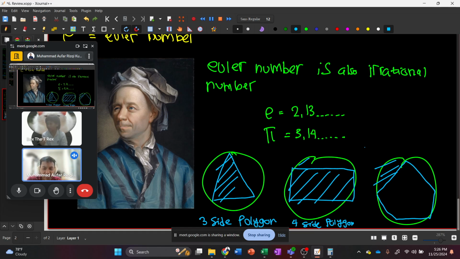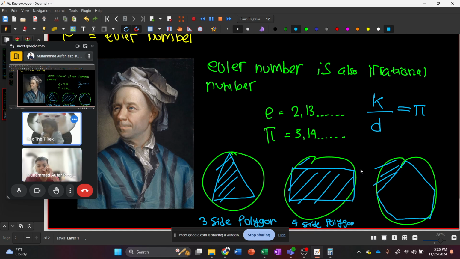of a circle. They noticed that the ratio between the circumference of a circle and the diameter of the circle is always pi.